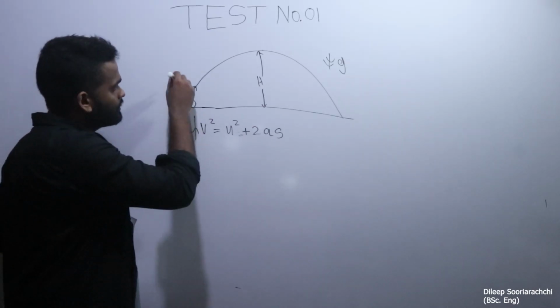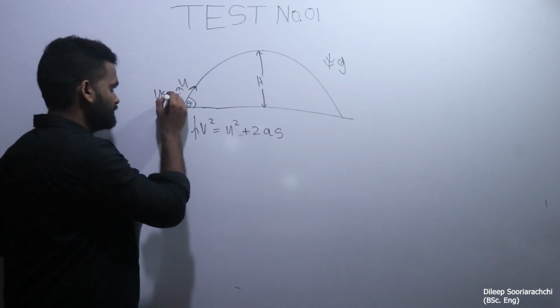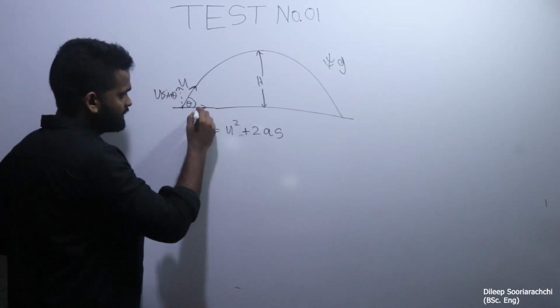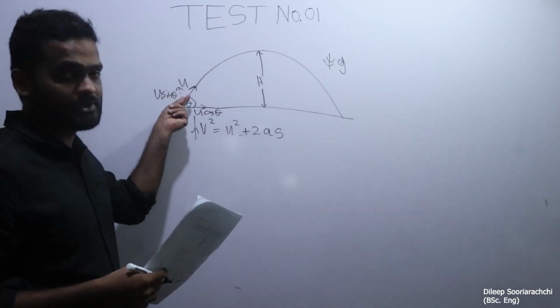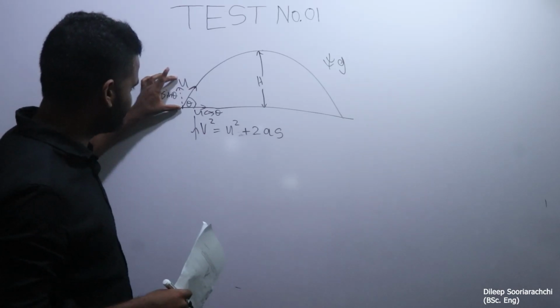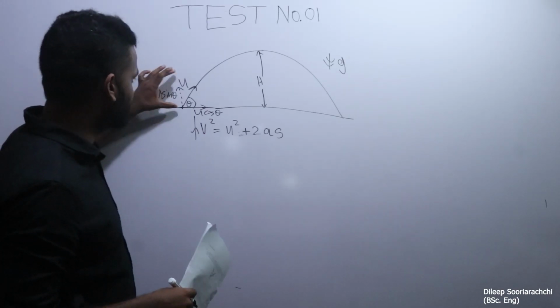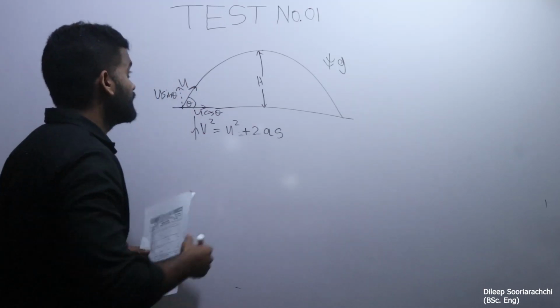So the vertical component of speed is u sin theta, and the horizontal component is u cos theta. That is for the initial speed. This is the vertical component of the initial speed, that is going to be u sin theta.